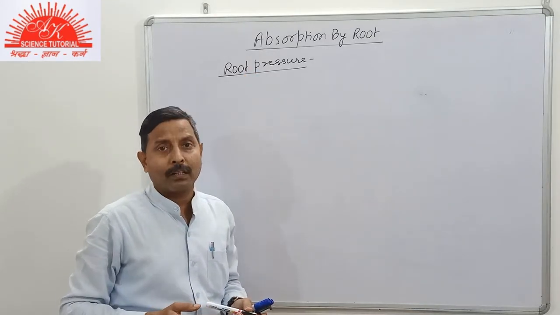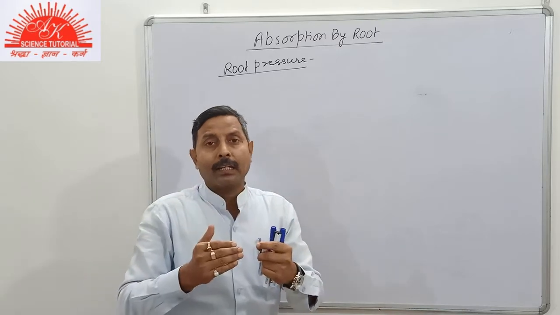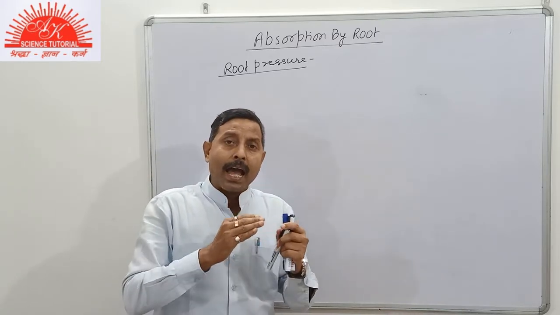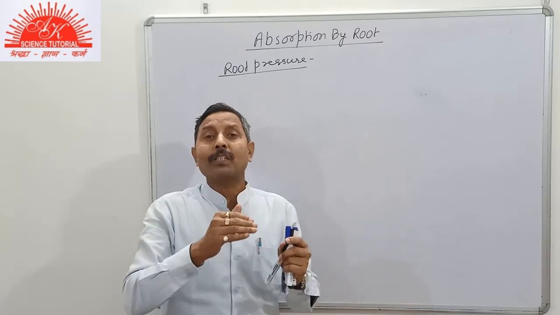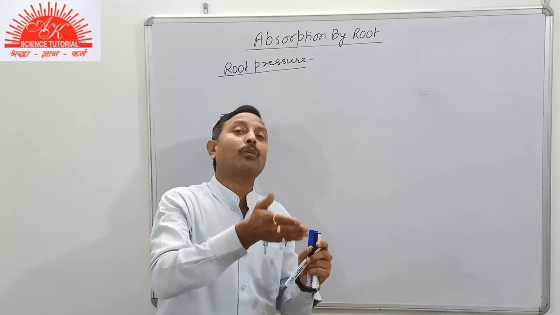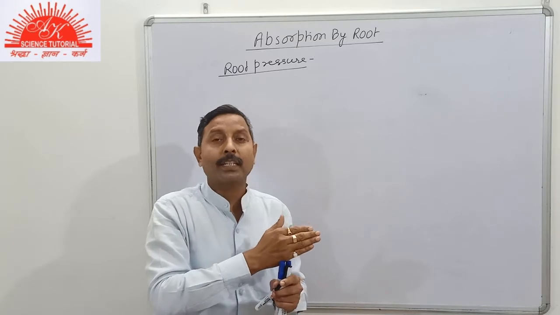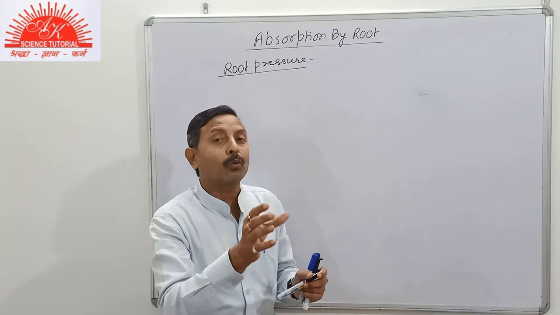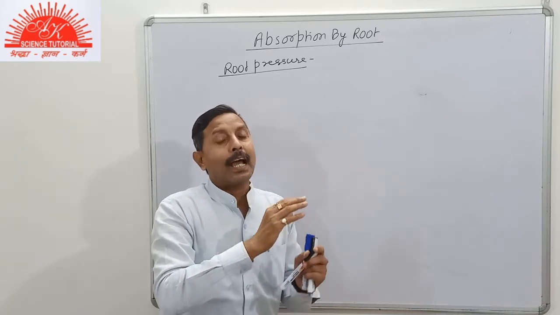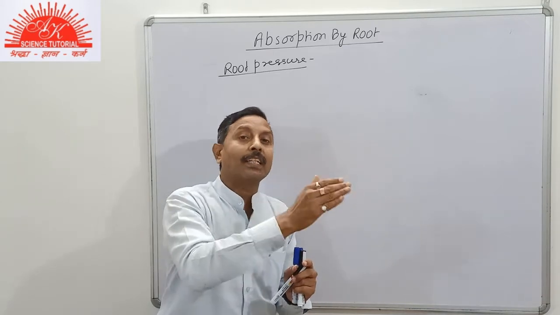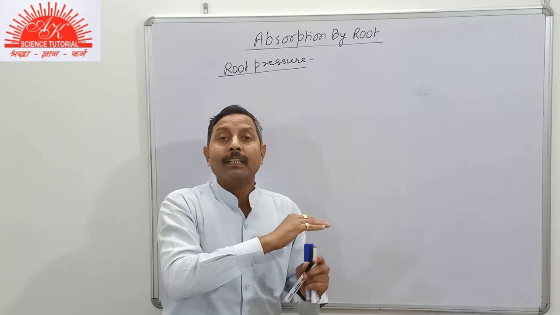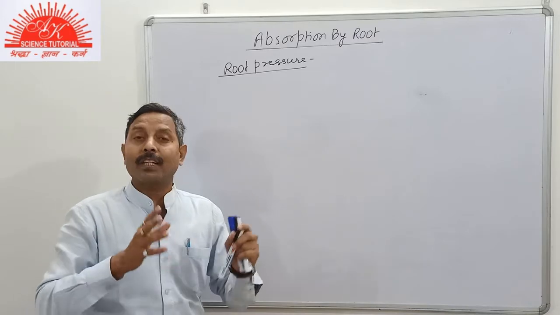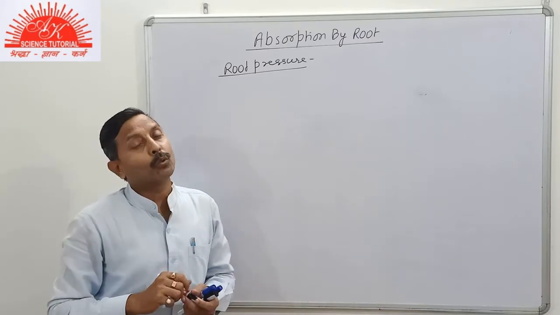When the root hair absorbs water from the soil, it becomes turgid and its cell sap becomes hypotonic with respect to the next cell in the root. As a result, due to the pressure developed, the water moves from the root hair cell to the inner cell, and in this way to the subsequent cells. The pressure developed due to difference in turgidity of the cells in the root is known as root pressure.